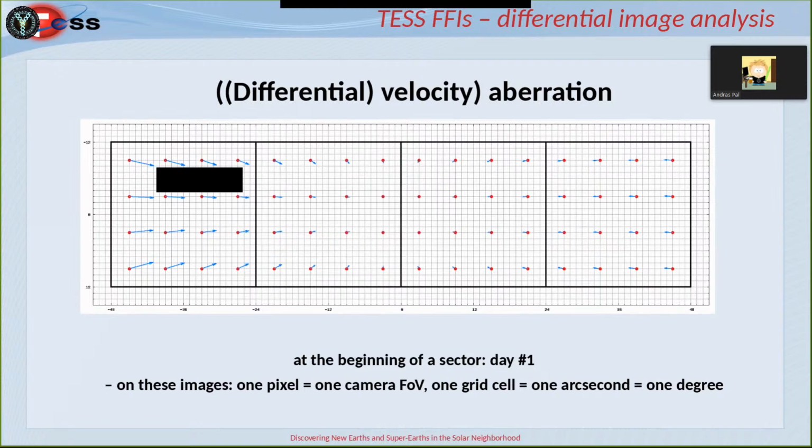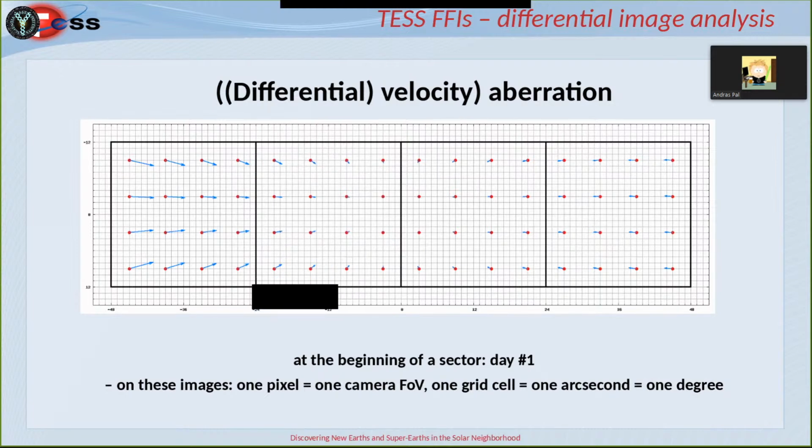Of course, this effect is exaggerated here. But if we define this as the field of view of TESS, which is 24 by 24 degrees, it's roughly the same when you just consider numbers, that 1 TESS pixel is around 21 by 21 arcseconds.